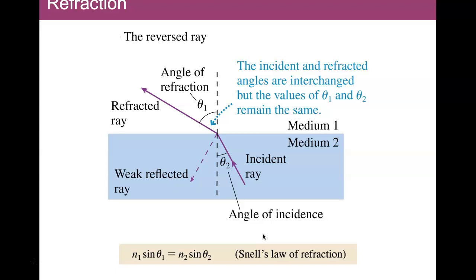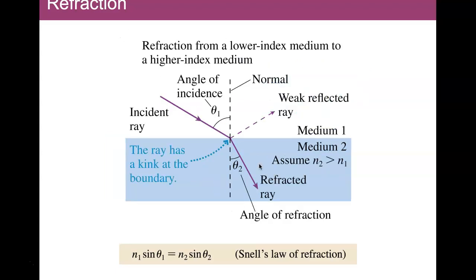It also works the other way. You can think about the reversed ray. There was nothing special about medium 1 or medium 2. So if you have an incident ray this way, forming angle theta 2 inside medium 2, you're going to get the same angle theta 1.